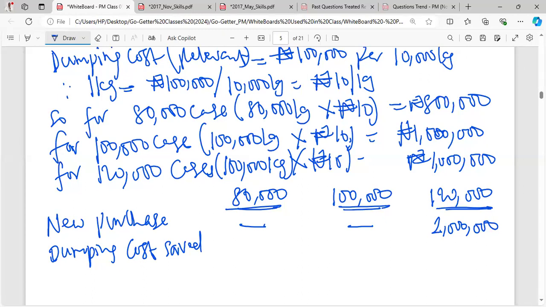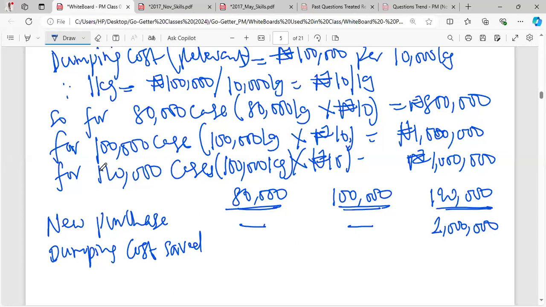But now, because we have decided to use it, we are saving that dumping cost. We are not spending it. We are going to use it and save us from that dumping cost. So saving that cost is as good as a revenue to us.